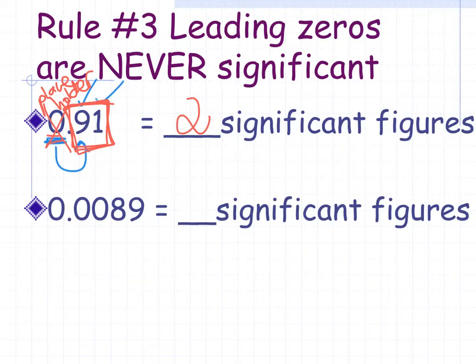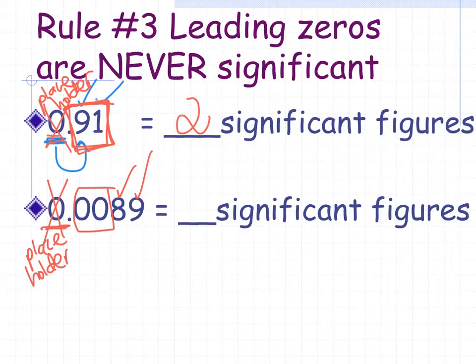Now take a look at my next example. It gets a little different. So the 8 and the 9 are of course significant. This 0 in front of the decimal is definitely a placeholder. And again, we may or may not write it, it doesn't matter. But these 2 zeros, people get a little bit confused.